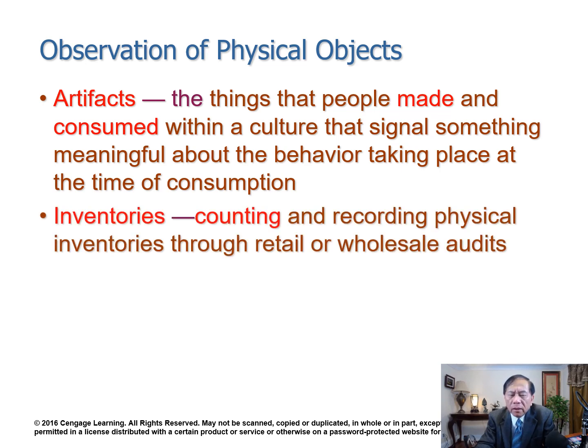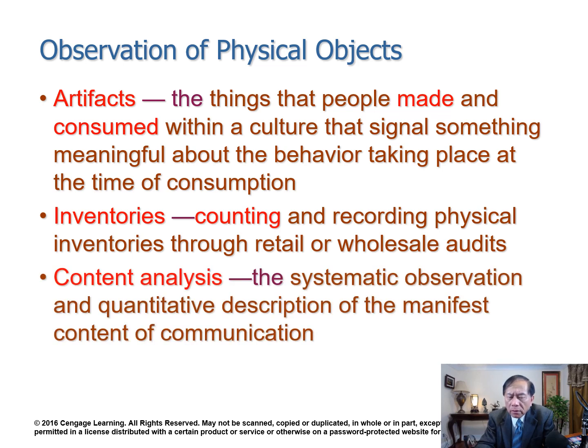That's the observation of physical objects: counting and recording of physical inventories through retail or wholesale audits. Okay? Inventory. Content analysis is a systematic observation and quantitative description of the manifest content of communication. You analyze the contents. Right?